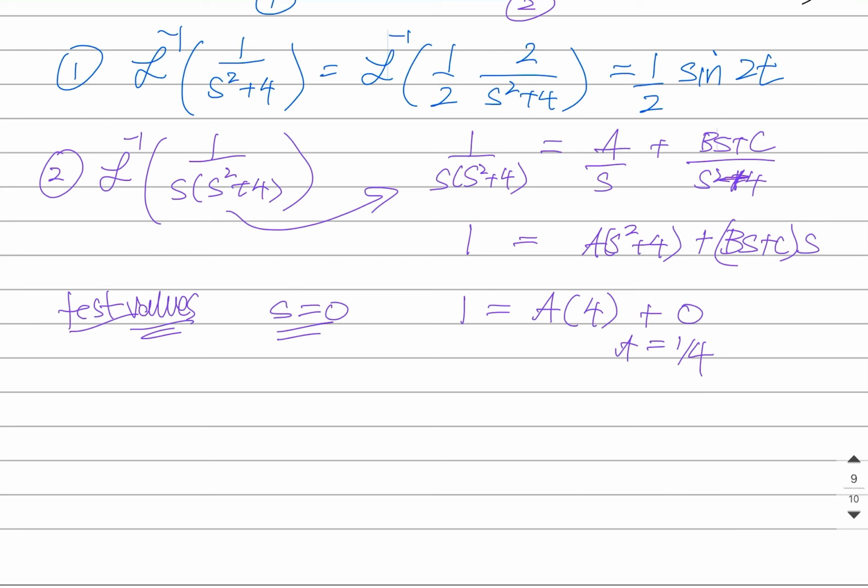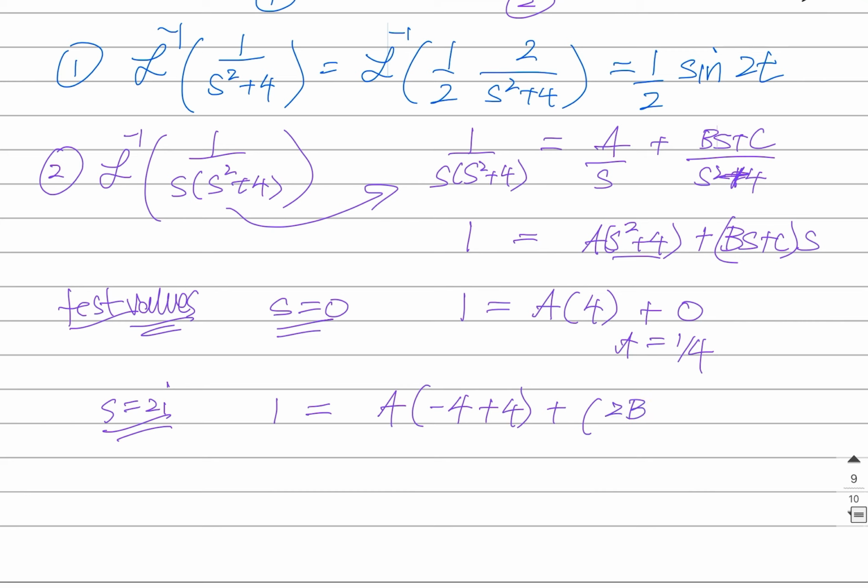Well, this factor is going to get turned into 0 when s is 2i. So we'll have 1 is a negative 4 plus 4 plus, and now we'll get 2Bi plus C into another 2i. So 1 plus 0i on the left is going to give me the following. I'll have negative 4B plus 2Ci.